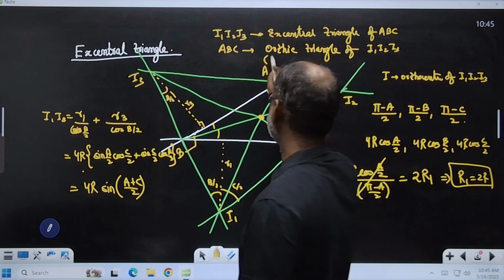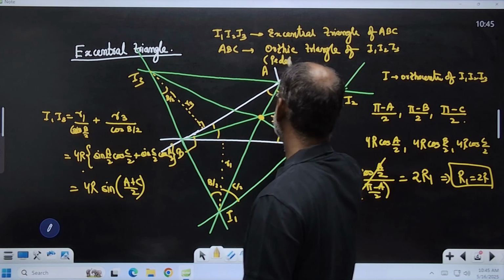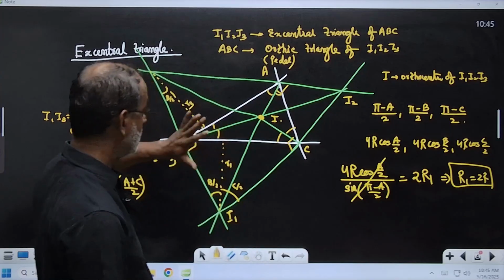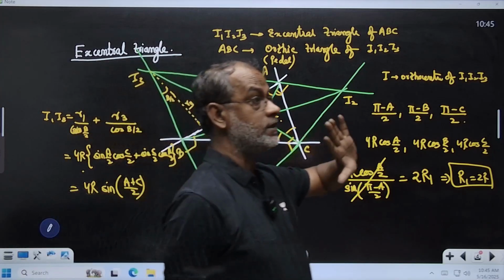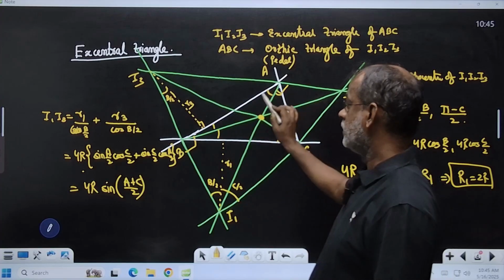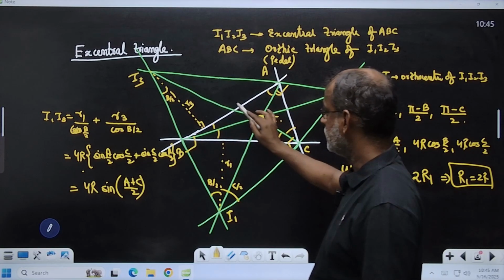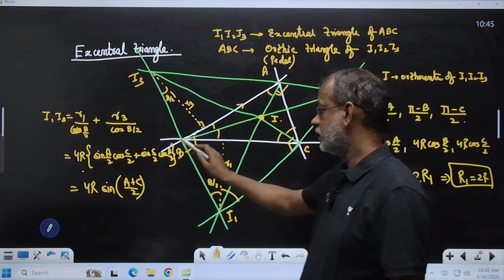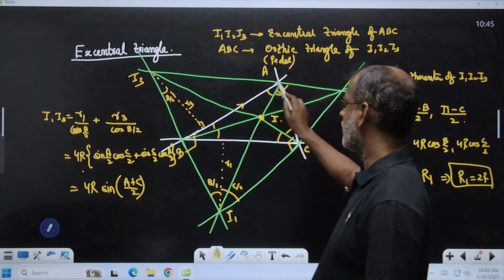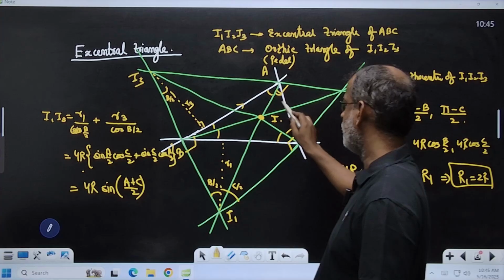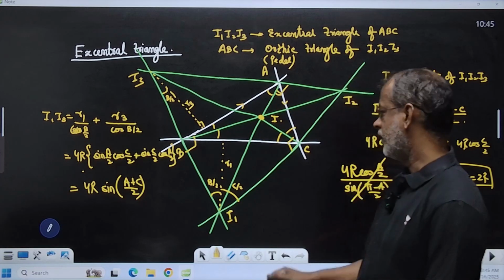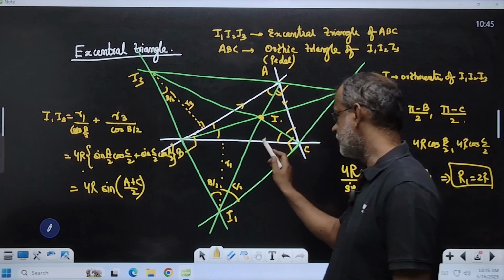And it is a special pedal triangle. Okay. Very, very important information that must be known is that suppose a light ray comes along this line, after getting reflected by I1, I2, it will move like this. Angle of incidence is angle of reflection. After getting reflected at this point, it moves like this.